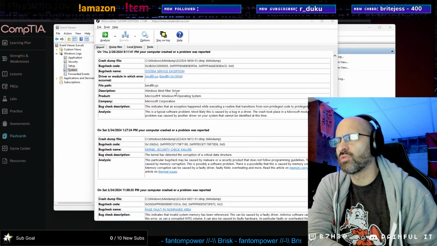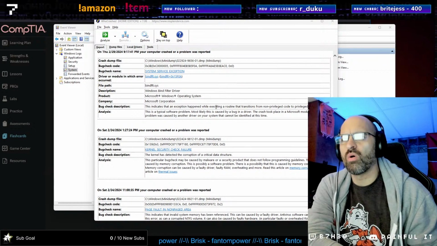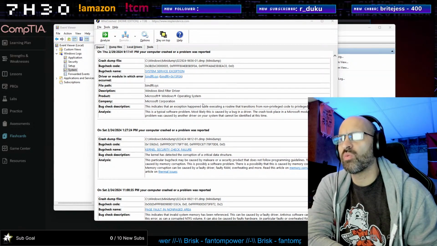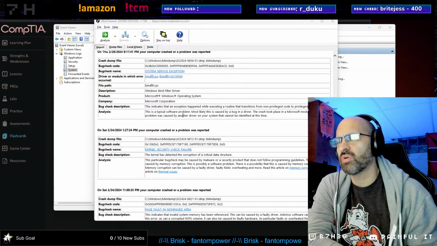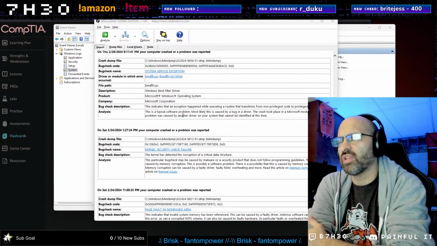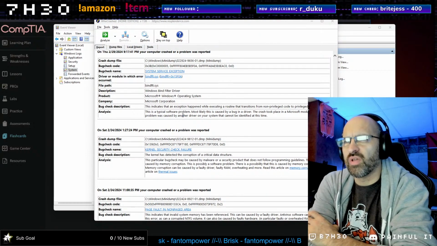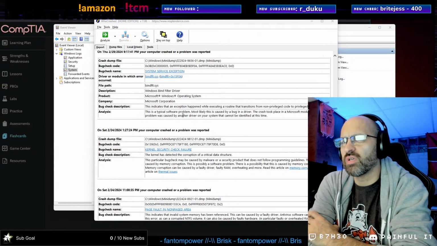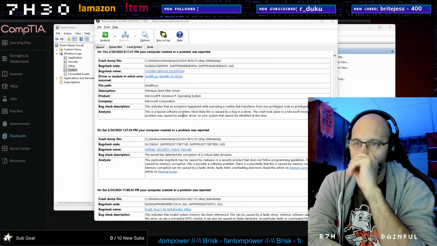Windows bind filter driver. This indicates an exception happened while executing routine transitions from non-privileged code to privileged code. It's a typical software problem. Most likely is caused by a bug in a driver. The crash took place in a Microsoft module. Possibly this problem was caused by another driver on your system.